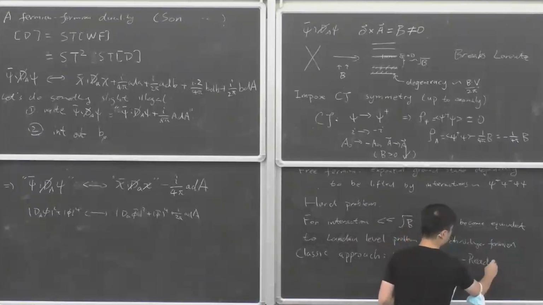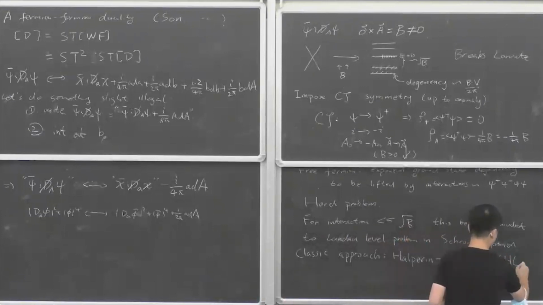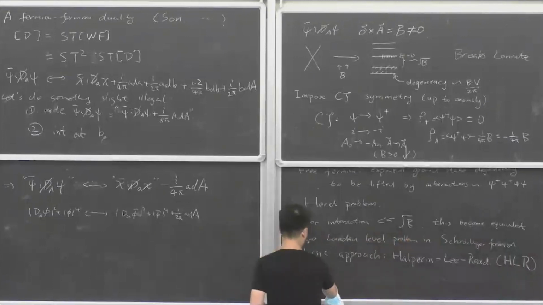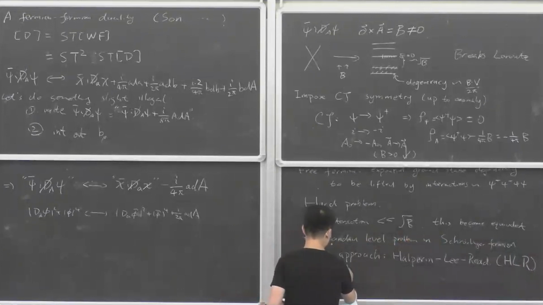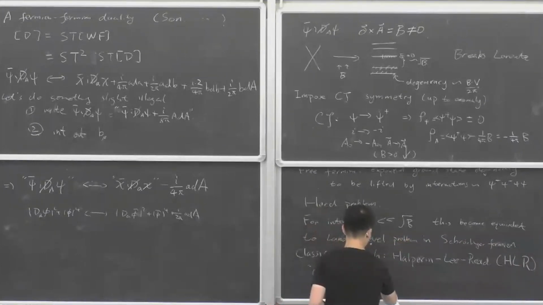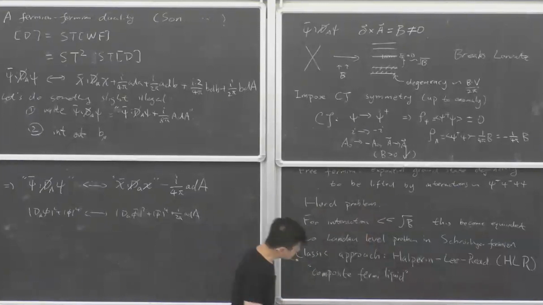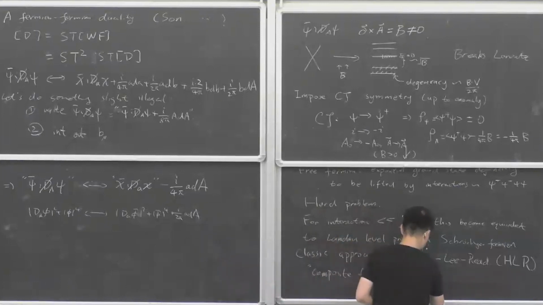So in the community, it's usually called the HLR theory. The theory is called the composite Fermi liquid. And by any standard, it's a very successful theory.